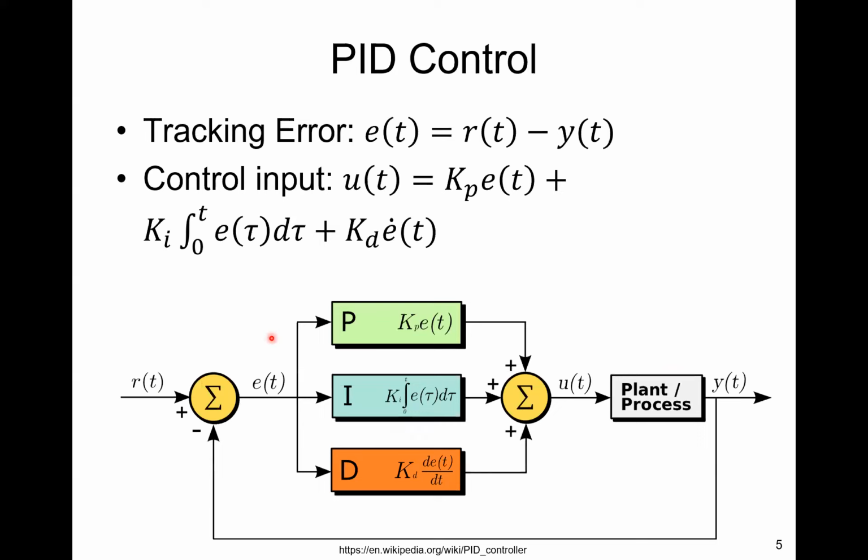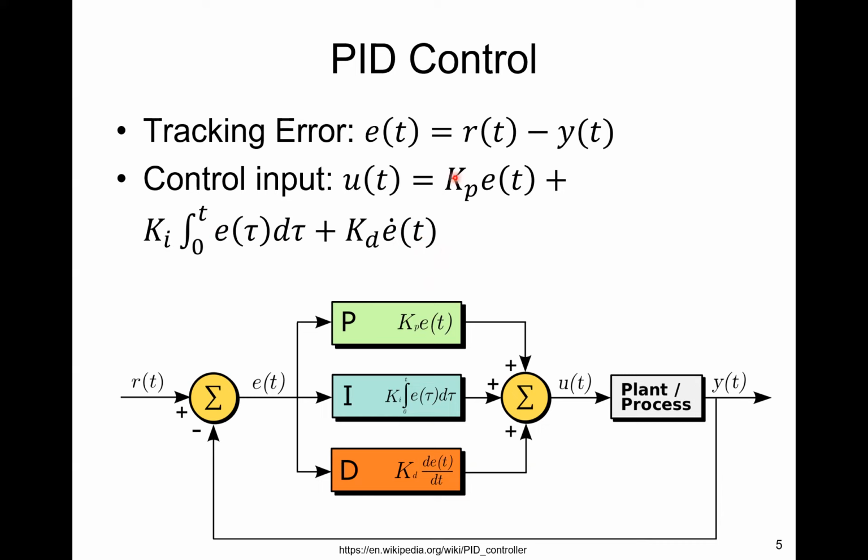So PID control, you have the error term in here, and you have 3 terms. P is the proportional term with a proportional constant Kp times error, and the integral term for integration over the error, and the derivative term with the error derivative.